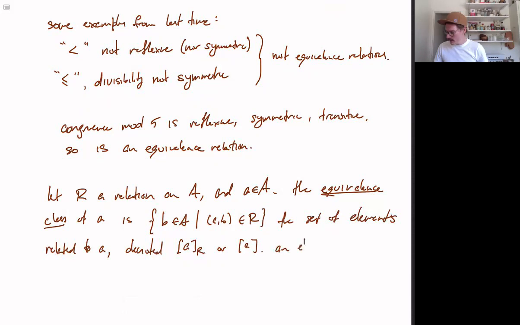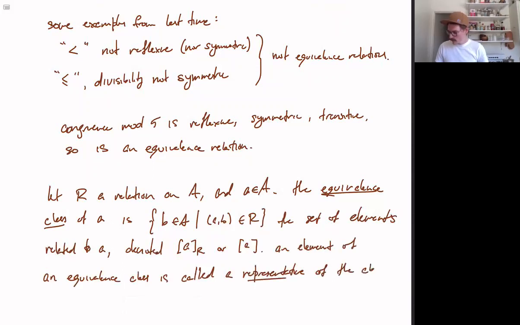An element of an equivalence class is called a representative of the class. Sometimes you want to treat a class as a single unit, considering all the elements to be the same, and sometimes you want to pick a specific element and work with that one. That's the difference between a class and a representative of the class.